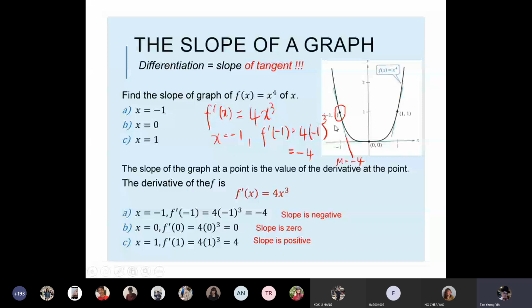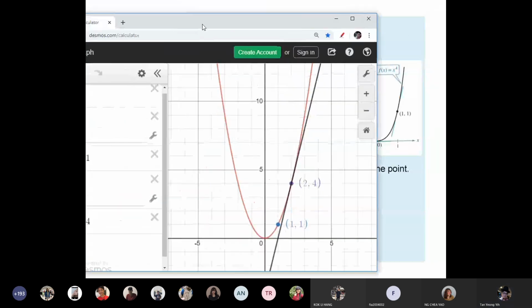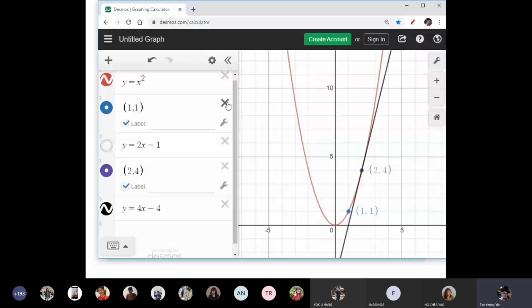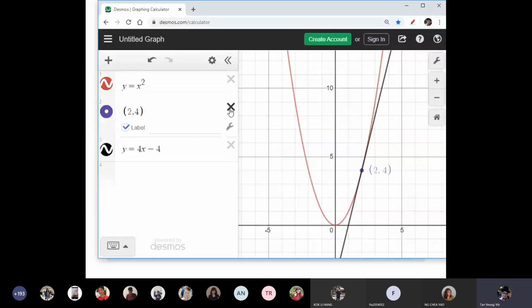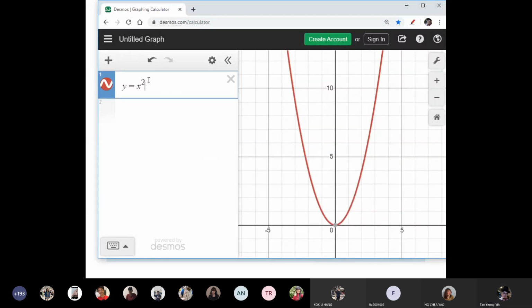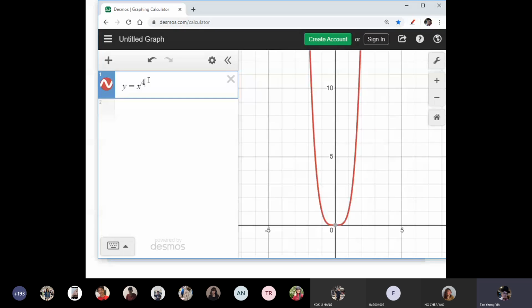Is that okay? Let us verify with the graph. Our graph now is x to the power of 4, and we want to find the slope when x is -1.